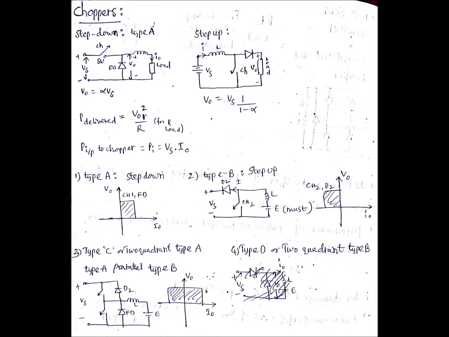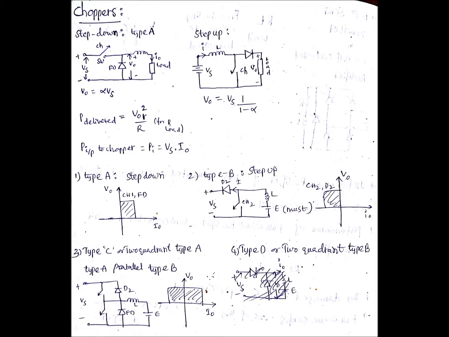In case of an R load, suppose you consider the load as R, the power delivered will be calculated as V naught R squared divided by R. That subscript R indicates that we need to consider RMS.